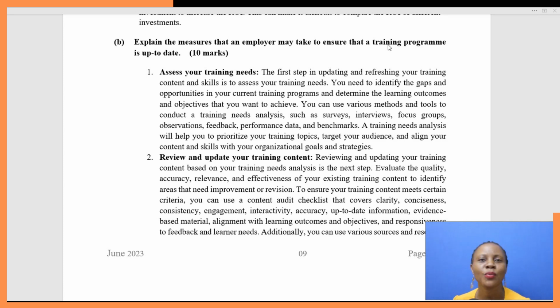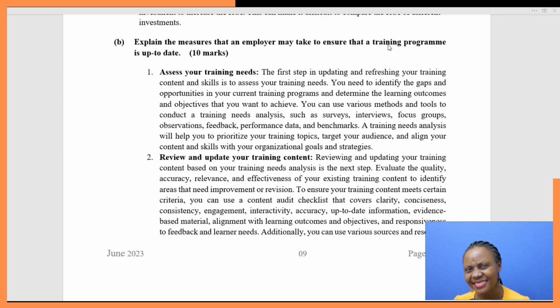Our industries and businesses are becoming so dynamic. Even in training, because of the pace of technology, training could become obsolete and outdated. So what can you do as a manager to ensure that your training program will always be up to date?